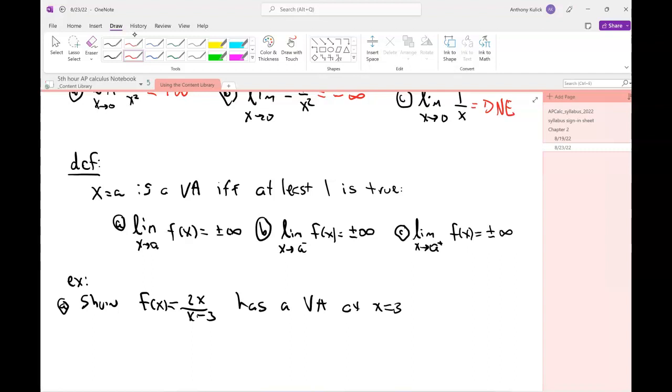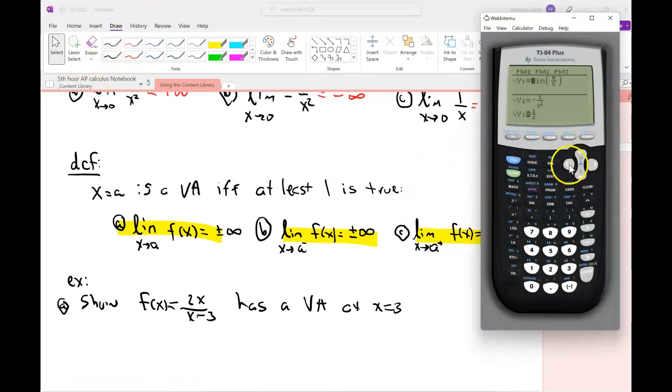To do that, what would I need to do? I need to show one of these three things from above, right? Any one of those three would be enough. So Sergio's instinct to look at the graph initially is a great first step. So let's go ahead and do that.